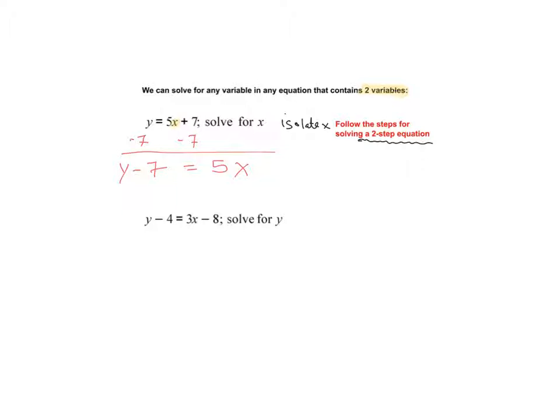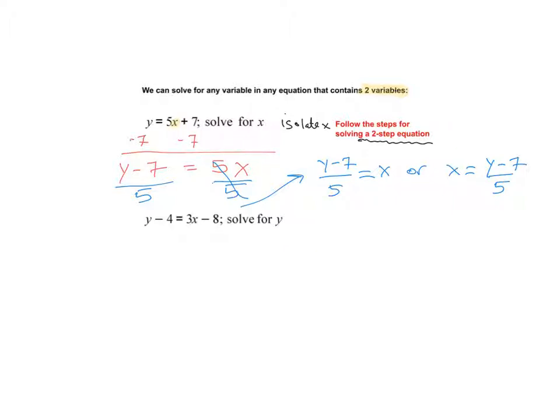I'm ready to isolate that x, and I'm going to do that by dividing both sides of the equation by 5. And look at what I'm left with: y minus 7 over 5 is equal to x, or in other words, x is equal to y minus 7 divided by 5.